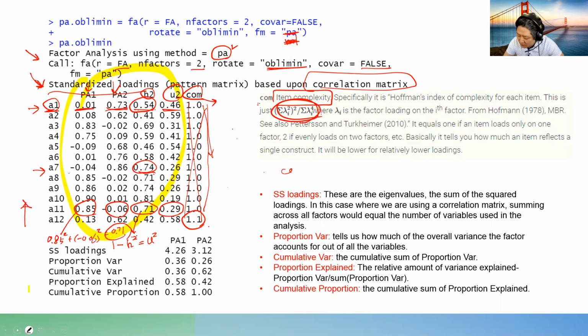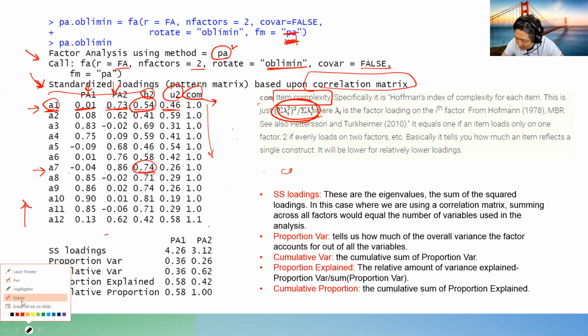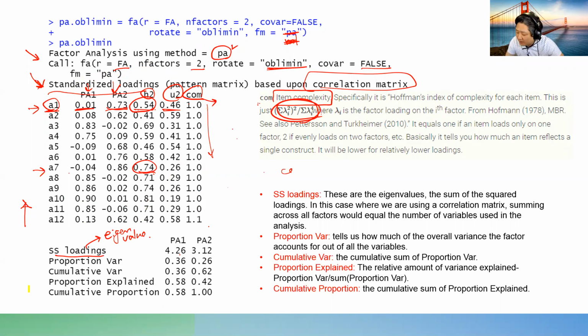And then let's talk about the loadings, and I will erase. Okay, so SS loadings, this is eigenvalue. The eigenvalue of the first factor is 4.26, and the eigenvalue of the second factor is 3.12.